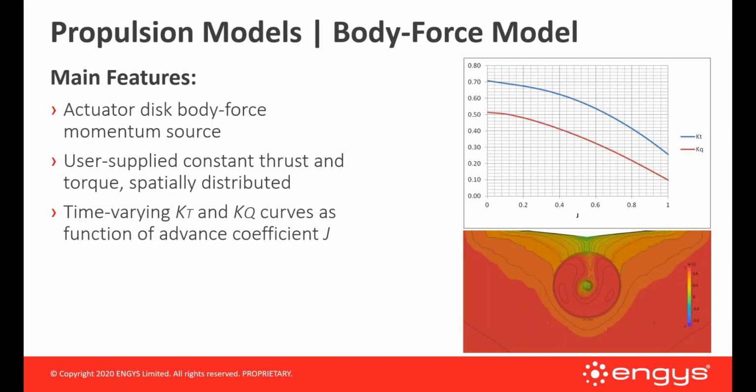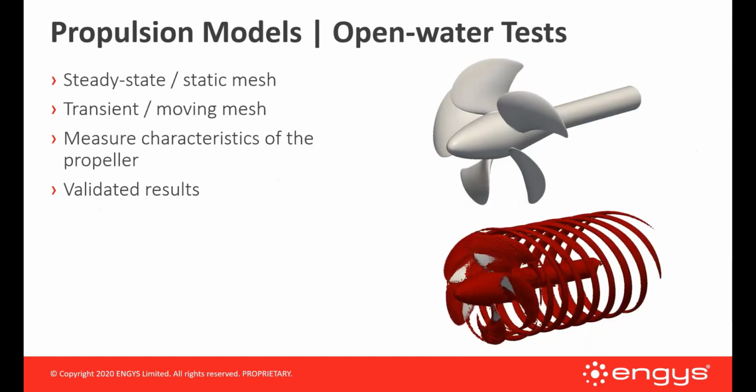We are working on other models that I'm going to show you later on in the latter part for maneuvering, but this is basically the most validated one that we have available.